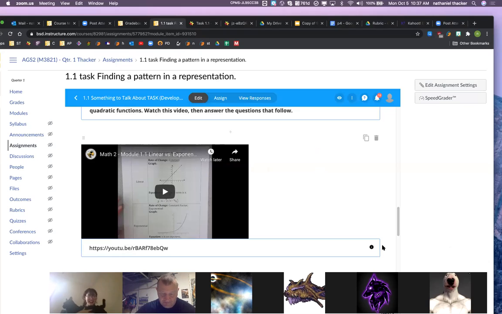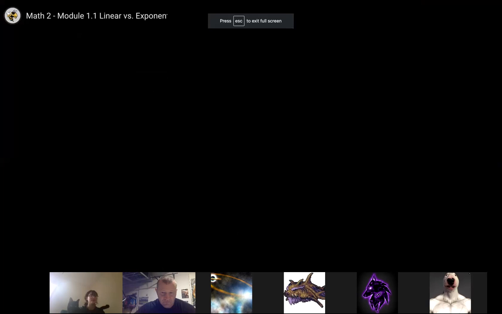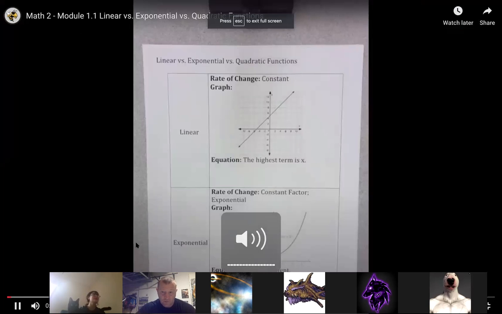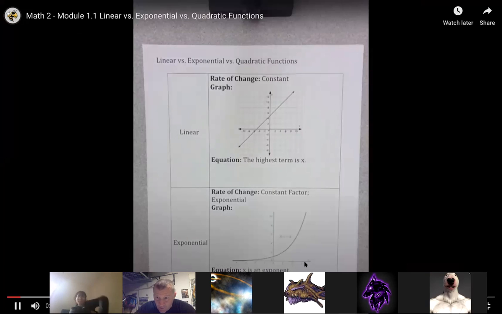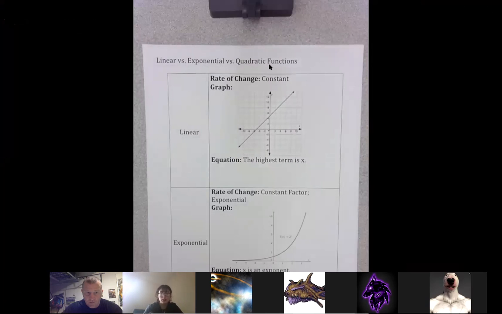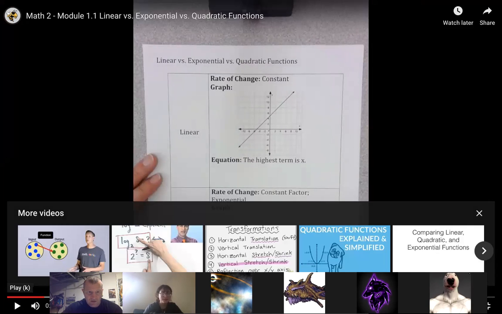Okay. I'm going to play the video after number 6. If a few of you guys could comment in the chat about how the volume and stuff is, I'd appreciate it. These notes are on the differences between linear, exponential, and quadratic functions. So we talk about rate of change for all three of these functions, and we talk about them in slightly different ways. How's the video and the audio?